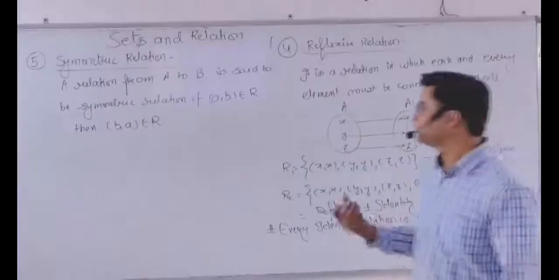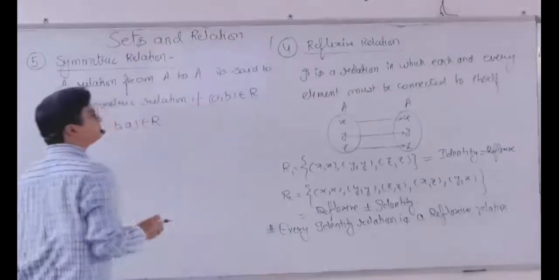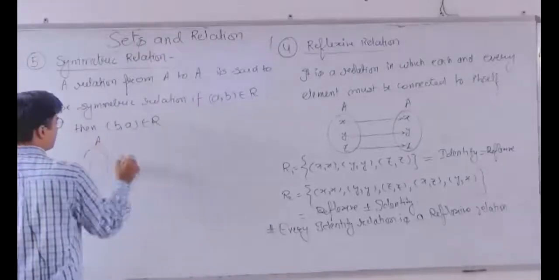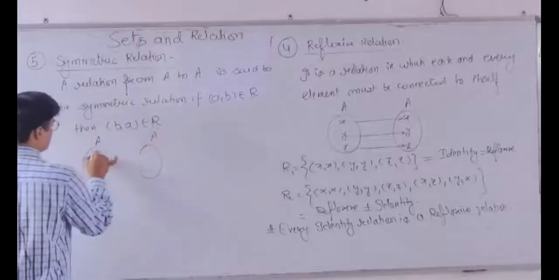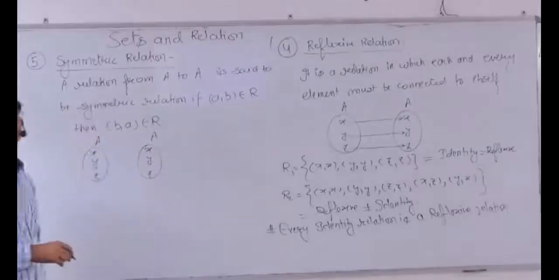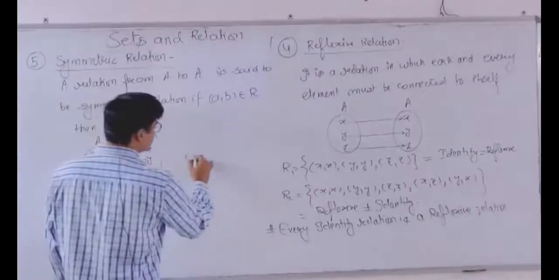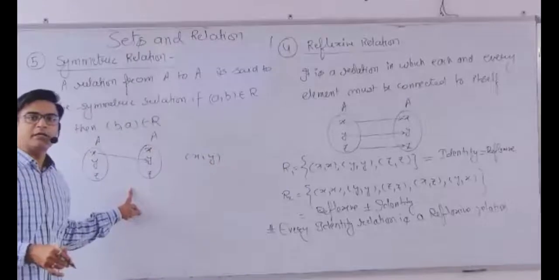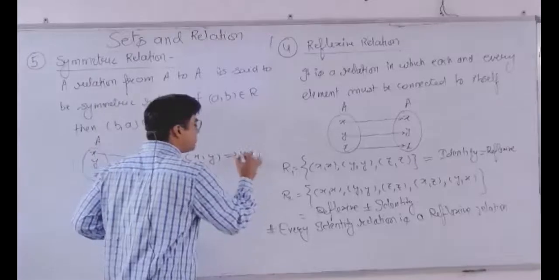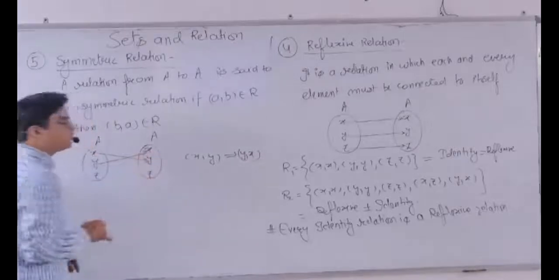Here it is better if I write set A to set A. Let's say again I am taking X, Y, Z and X, Y, Z. Let's say I connect X and Y. This connection is giving me X comma Y. If this is a symmetric relation, then Y comma X must also be an element of the same relation. That means Y must also get connected to X.